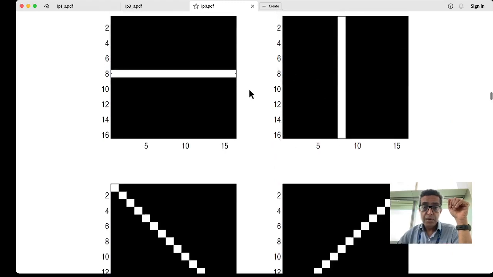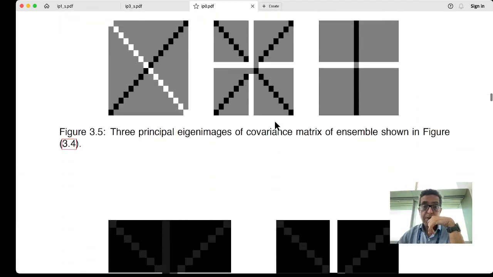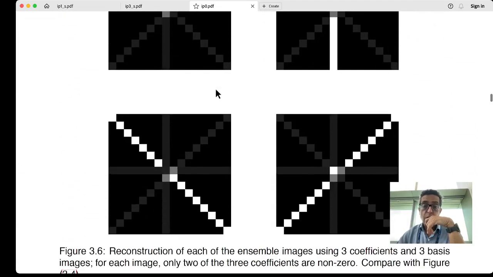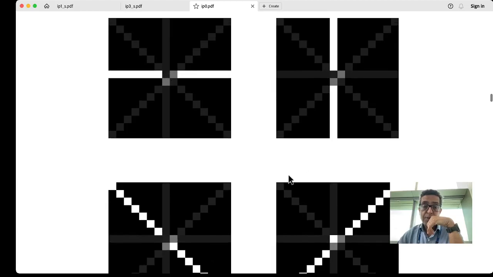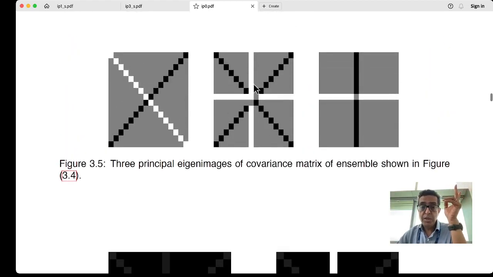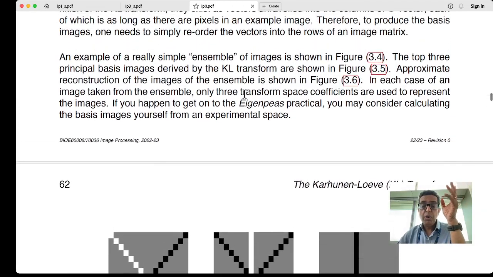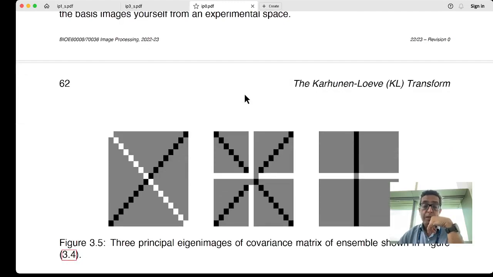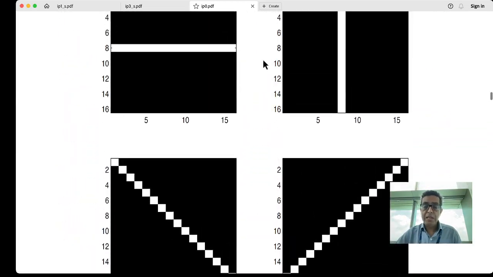And these are the approximations of these examples from the original data set using these eigenimages. To construct these 1, 2, 3, 4, I'm only using the top 3 eigenimages, which are these, even though I have many more eigenimages in principle defined by the covariance matrix of this set of images.